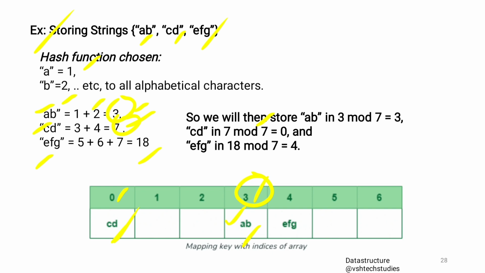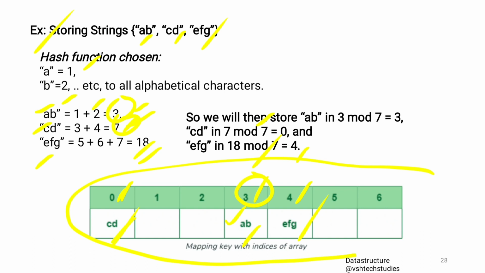Here C plus D is 7, 7 mod 7 is 0, hence in the 0 indexed memory location CD is stored. 18 mod 7 is 4, so in index 4 memory location EFG is stored.